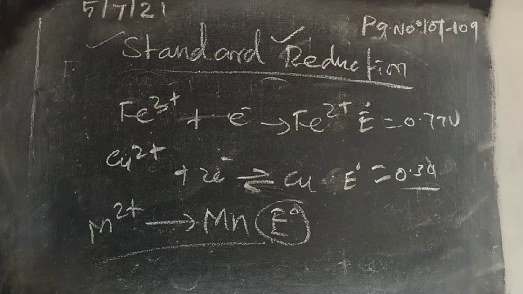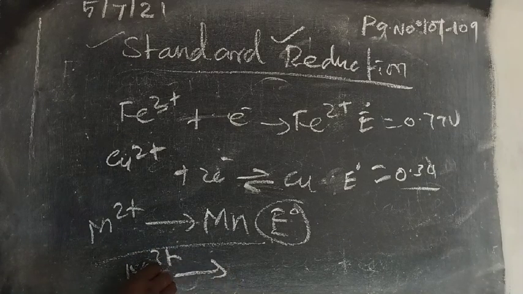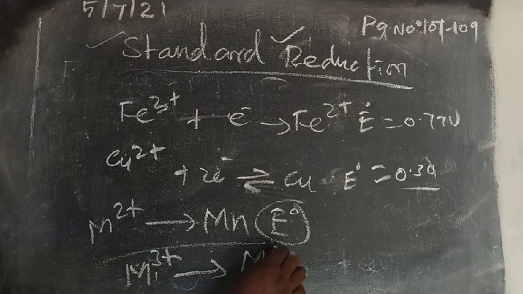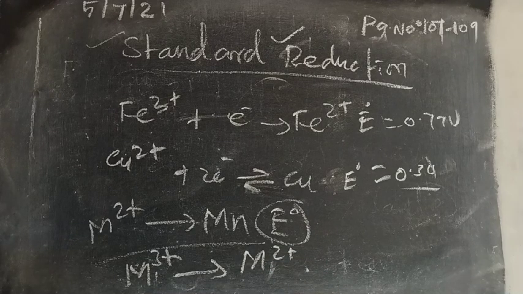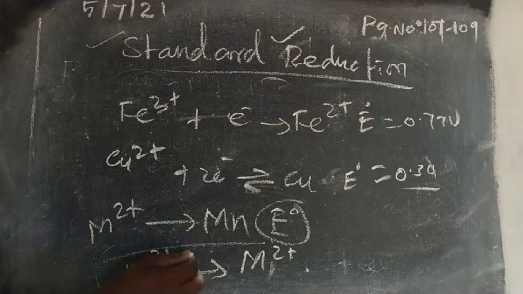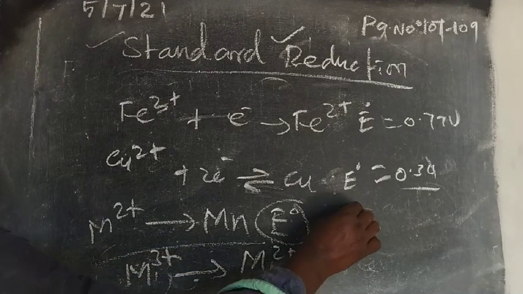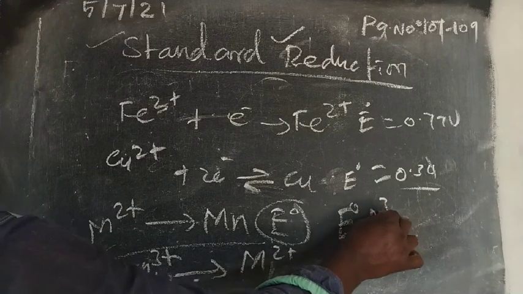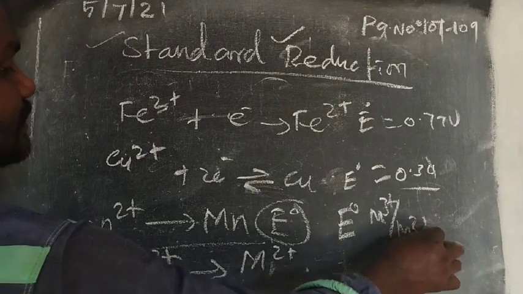Now the next one is M3 plus to M2 plus. M3 plus means metal with a 3 plus oxidation state. If you convert to M2 plus by gaining 1 electron, for that reduction potential we can compare the relative stability between M3 plus and M2 plus by using the standard reduction potential value, E naught of M3 plus to M2 plus.